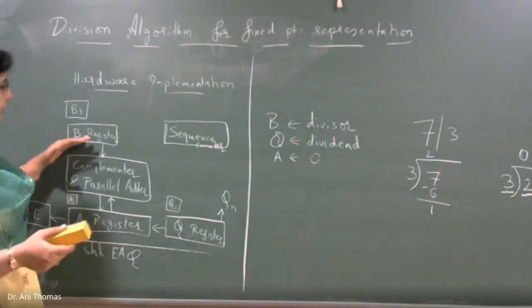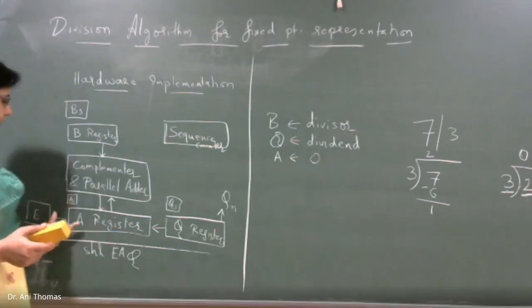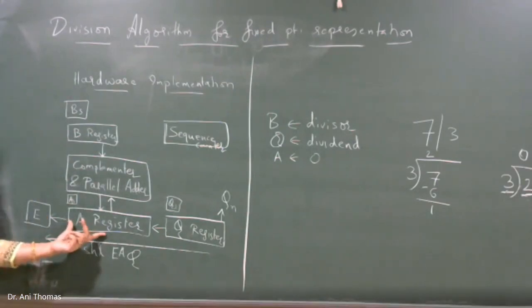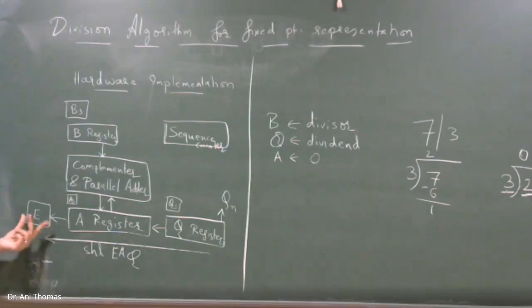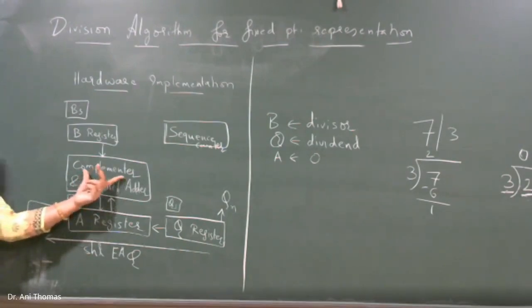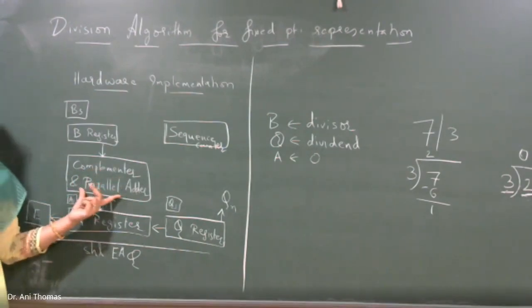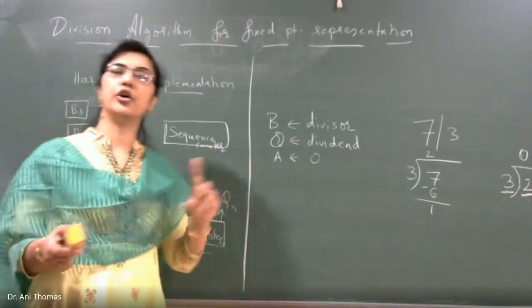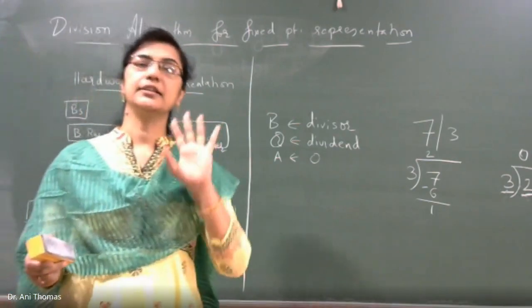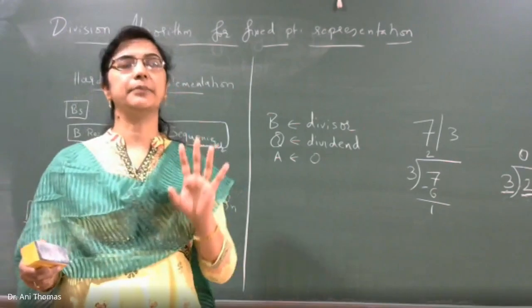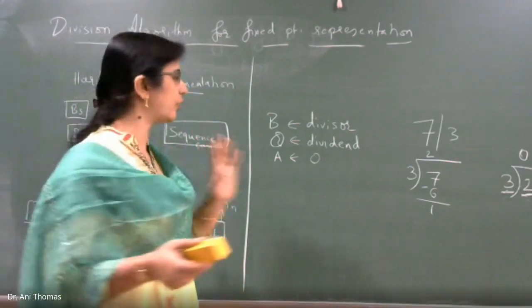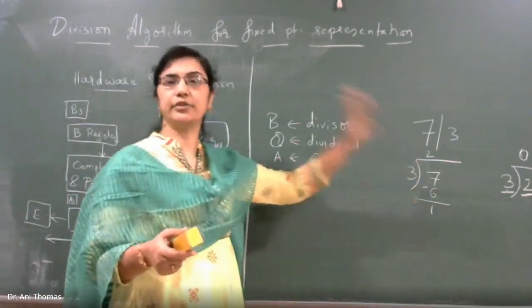Other than that, we have the carryover of A minus B in E, and we have the complementary and parallel adder circuit. For what? For doing the subtraction operation A minus B, which we do in all the cases in the case of division.